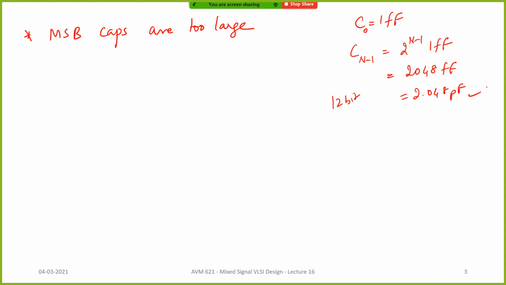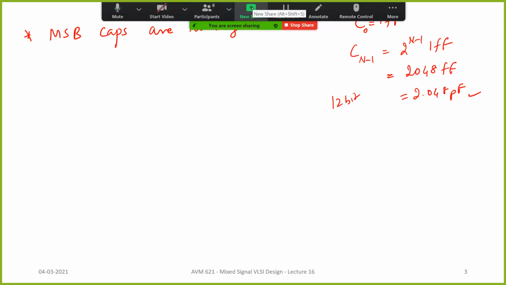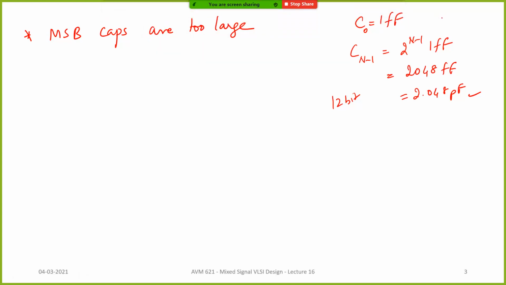Can we use a unit capacitance of 1 femtofarad? Is it okay? So all of you are saying that it is okay to use 1 femto? Or are you saying no, you should not use 1 femto?